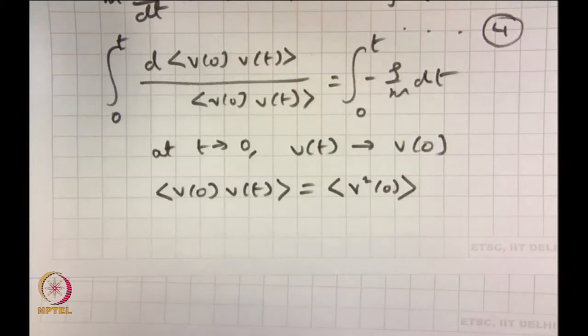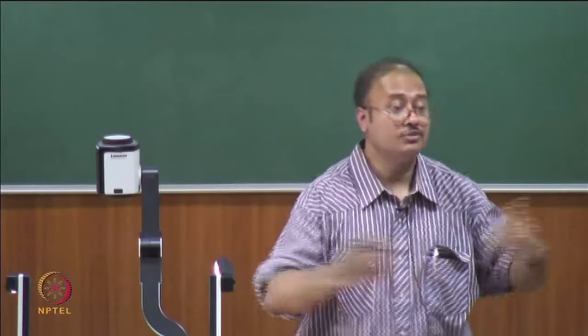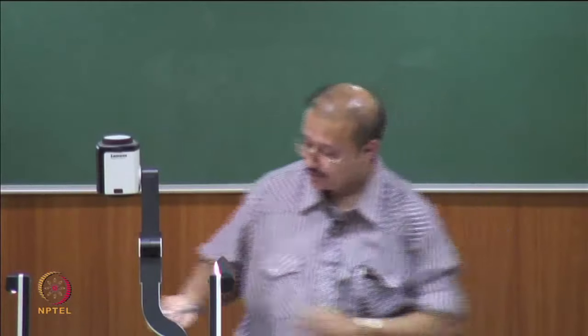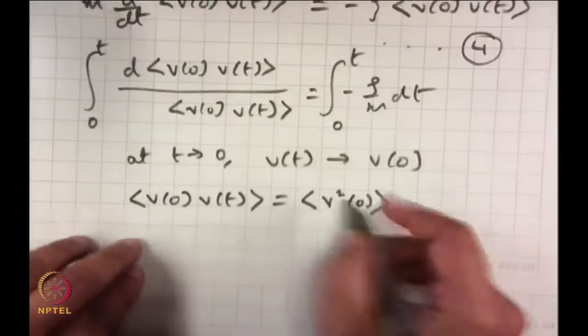What is dx over x? d ln x. So, it would be ln of v0 times v(t) over v0 times v0, which is v0 squared, right. Then you separate it, raise it to the power e. So, it becomes v0 times v(t) is equal to v0 squared.